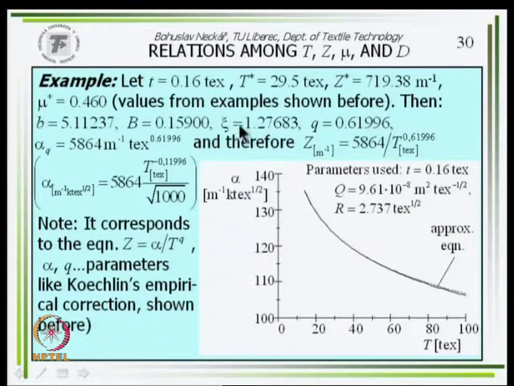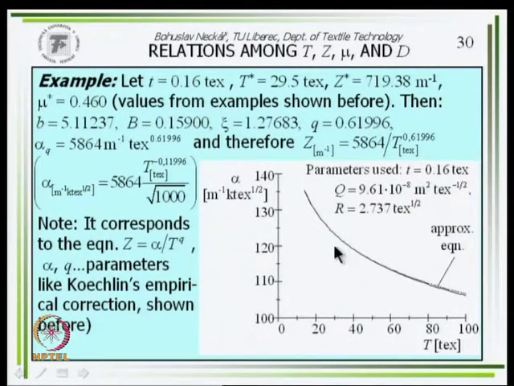A numerical example shows the correspondence between the two. This is a numerical example, and this is a graphical interpretation of two curves. One is the recommended alpha as a function of yarn count.